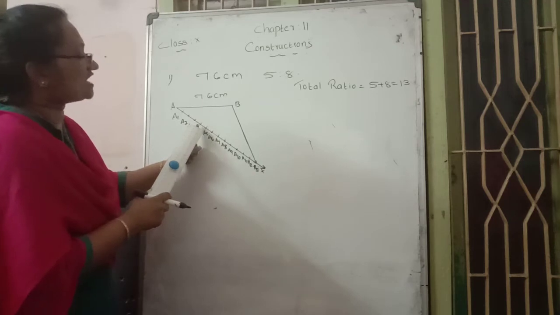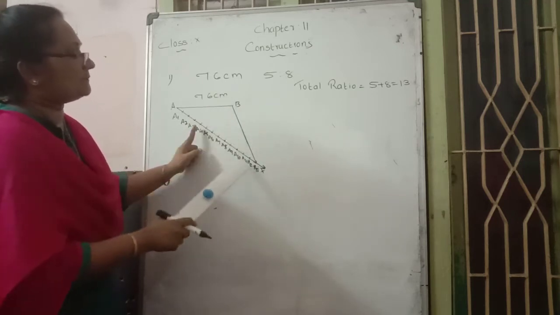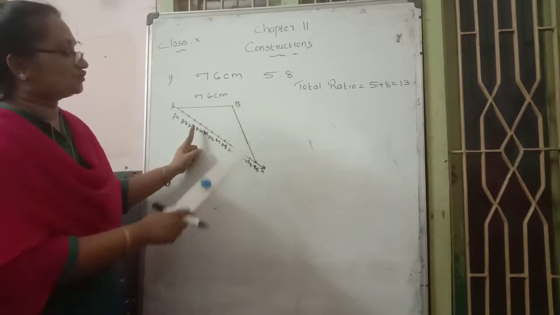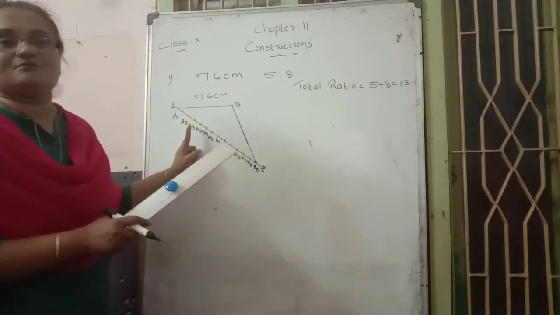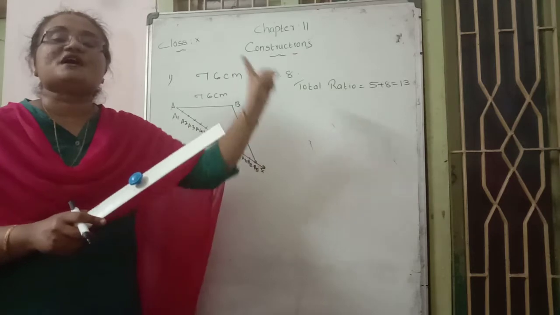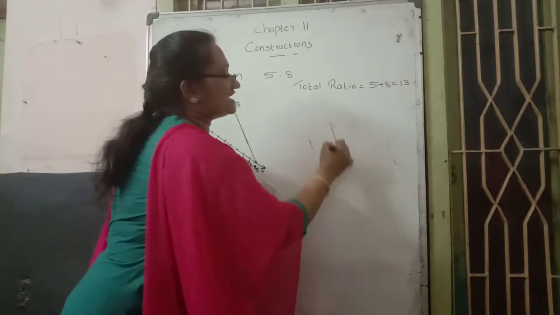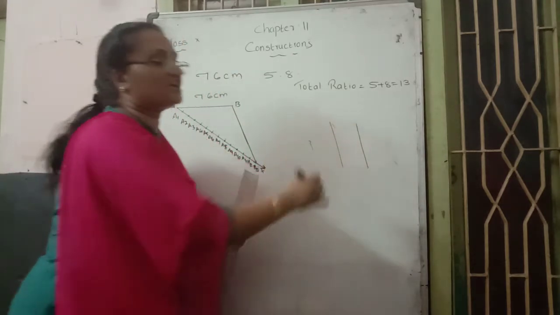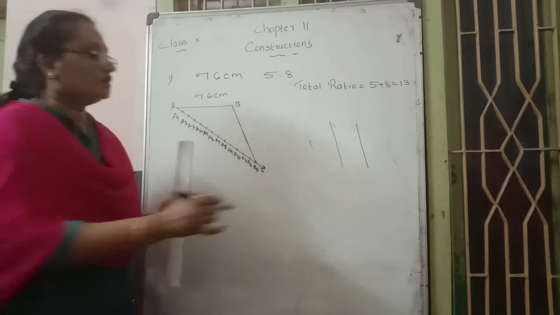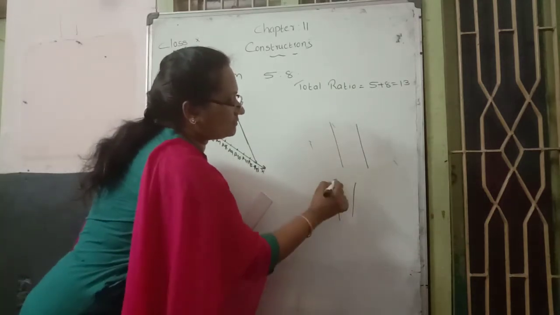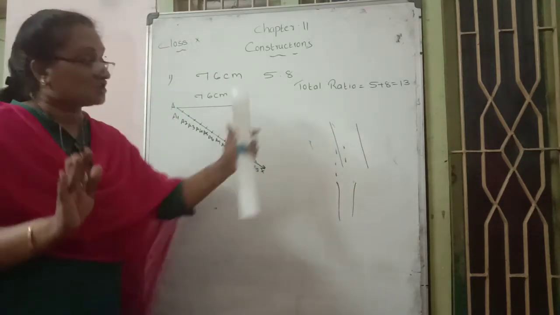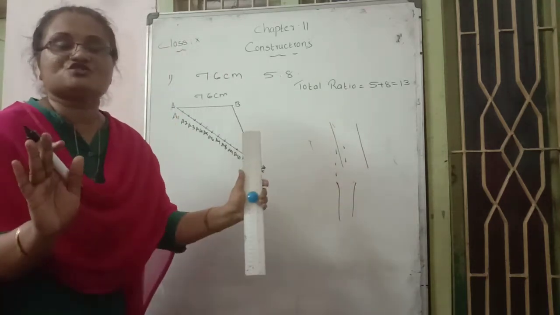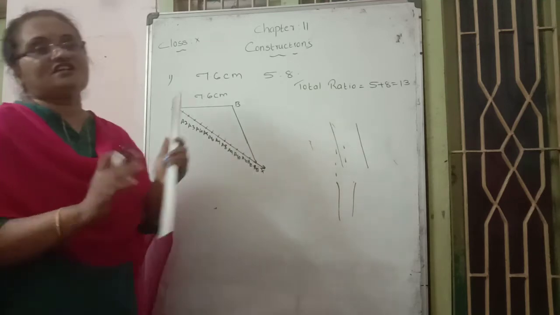From A5, draw a line parallel to BA13. Parallel lines never intersect. If I draw it this way, after some distance they will intersect, so they are not parallel lines. Parallel lines never intersect.